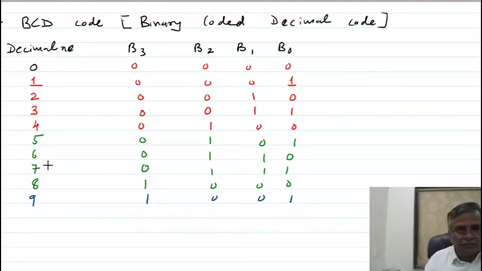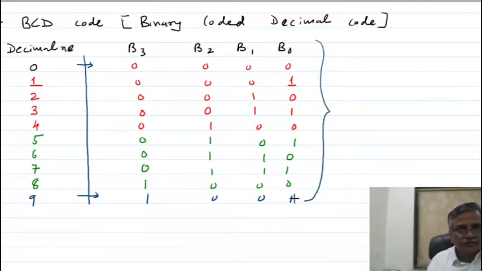These are decimal numbers and their corresponding BCD codes are shown in the table. These are known as valid codes. These codes are not valid. This I am showing you. These are called invalid BCD codes.